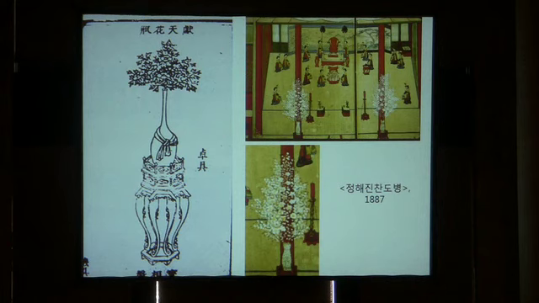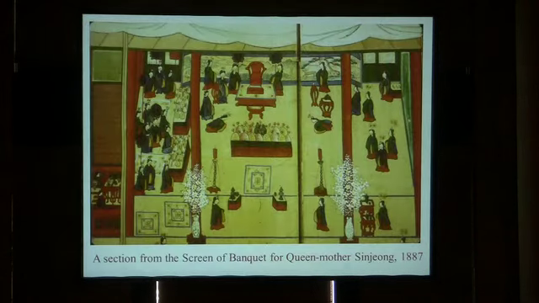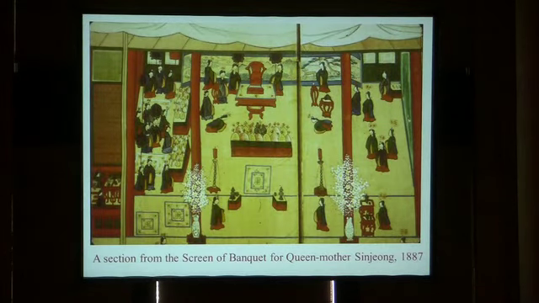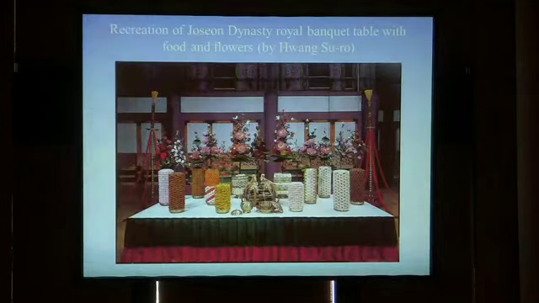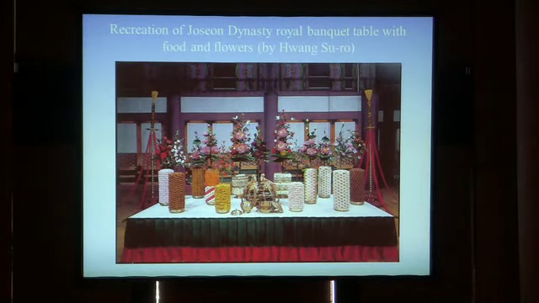But in Korea, we didn't make anything like that. And I found out that so many items that were used for banquets were all imported. This was the table recreated with all the food and flowers on top of each pile of food.